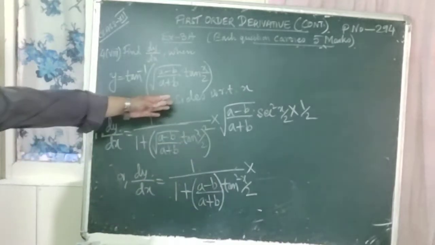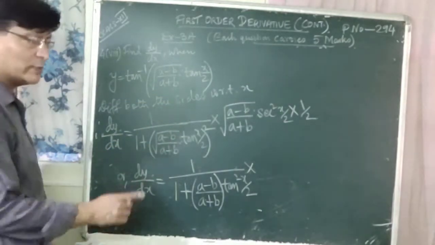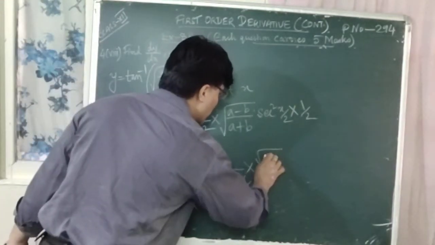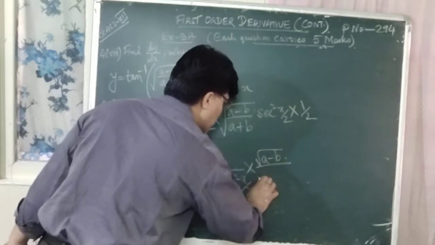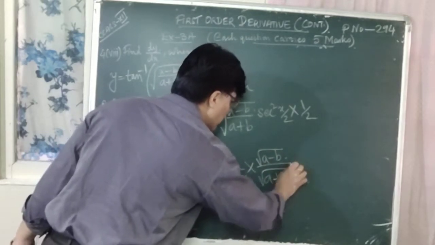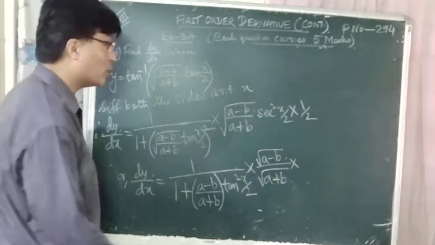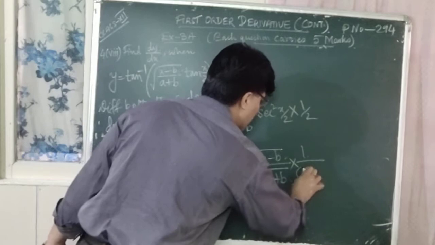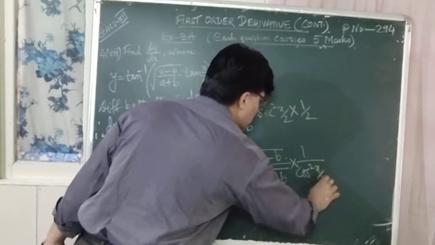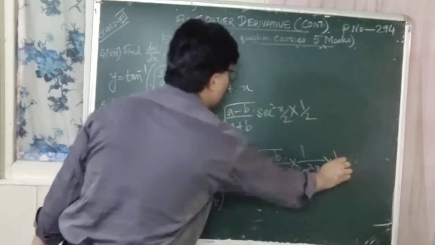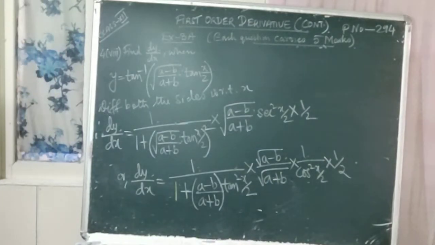Now this square root is for both numerator as well as denominator. You can write down the square root in the numerator, root over a minus b divided by root over a plus b into sec square x by 2 can be written as 1 by cos square x by 2. Let us write it as 1 upon cos square x by 2 into half. Okay.